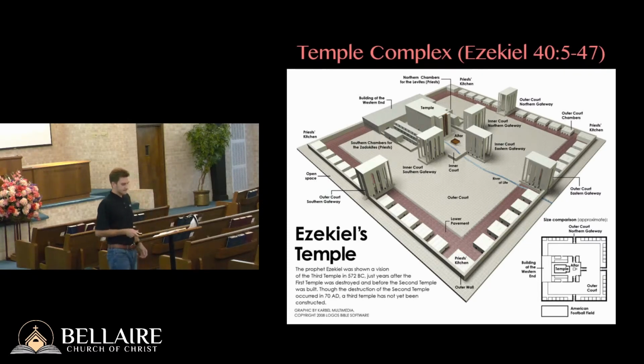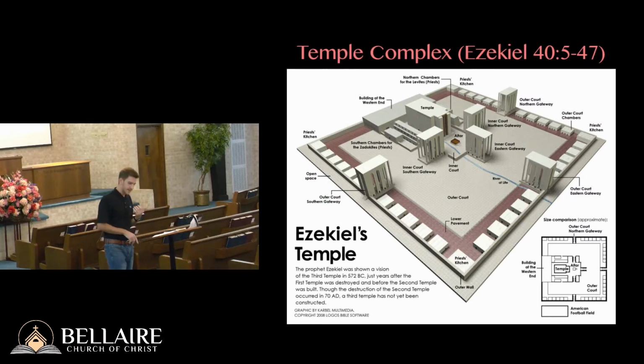But these inner gates, if you read in verses 28 to 37, you would see that there is more of everything that we've seen described. So you had to walk up 7 stairs to get into the courtyard through the outer gates, and then there are going to be 8 more stairs to go up the inner gateways into the inner courtyard. And there are more rooms there.